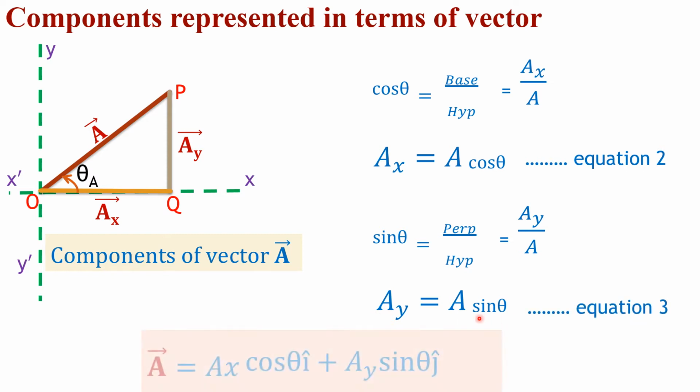These equation 2 and equation 3 show the components of vectors in terms of the vector. Putting equation number 2 and equation number 3 in equation number 1, we get vector A is equal to A cos theta times unit vector i cap plus A sin theta times unit vector j cap.